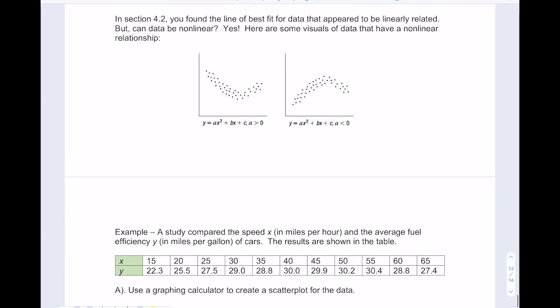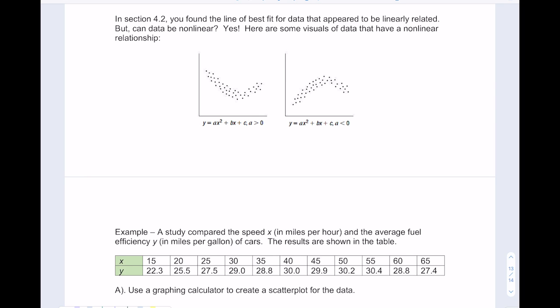We're going to finish off the notes here with looking at some nonlinear relationships. So as you can see here, these are not linear. In 4.2, you looked at linearly related data. So an x and a y, when you graphed it, the scatter plot came out to be kind of looking like a straight line. You can also have nonlinear relationships, okay?